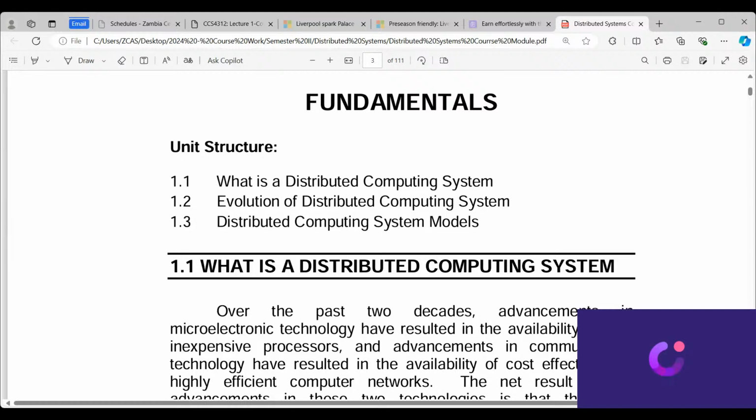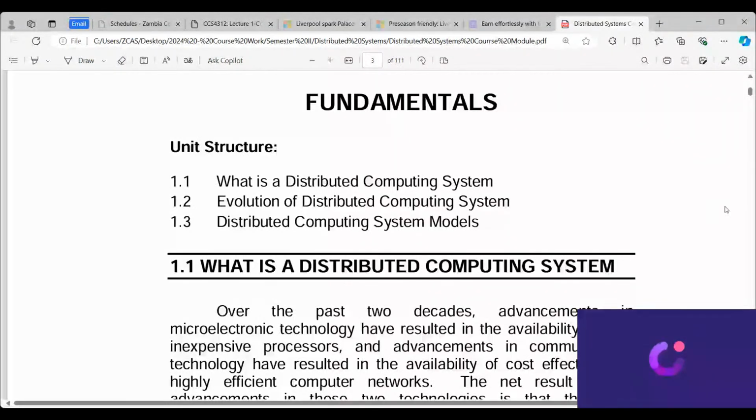Then we looked at the evolution: where has it come from, where are we heading to, and what is the purpose. Then the last aspect that we are going to look at is the distributed computing system models.